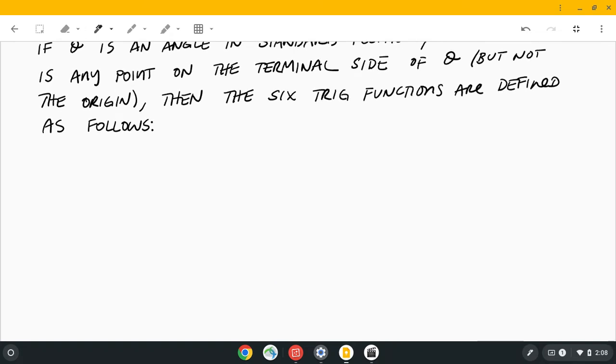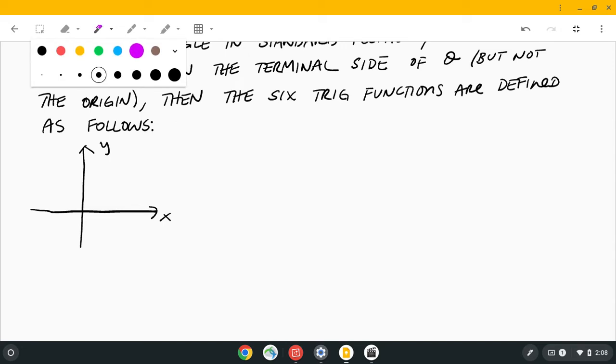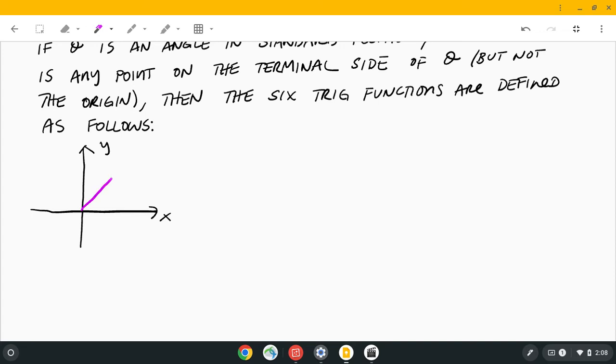Okay, so let's go ahead and draw this. So suppose we have our coordinate plane here, x and y, and suppose that we have this angle. Okay, so we have this random angle. Maybe I'll do it in a different color. Okay, so suppose that we have this angle that is formed.